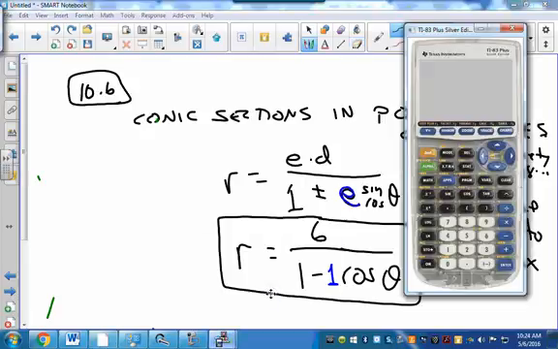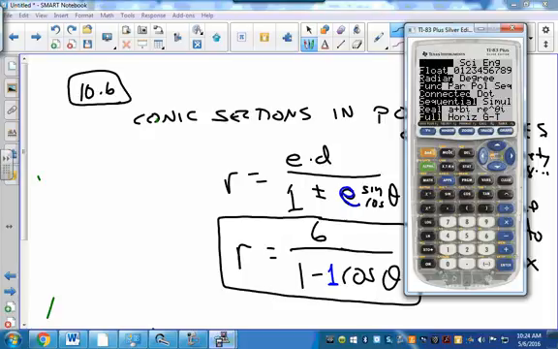Grab your calculator, put it in polar mode now. You're not going to be in function mode, you're going to be in polar mode. Make sure you're dealing with radians. If you're coming out of physics class, you're probably in degrees. Make sure you're in radians, polar mode.